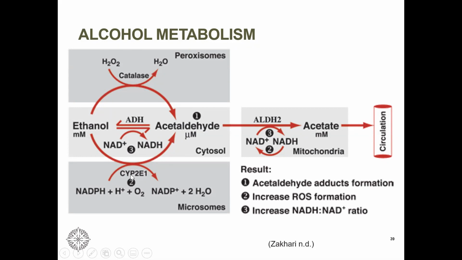So this is the one, cytochrome 2E1. It uses niacin. It also needs iron. Catalase is also iron dependent. And then we convert acetaldehyde to acetate.